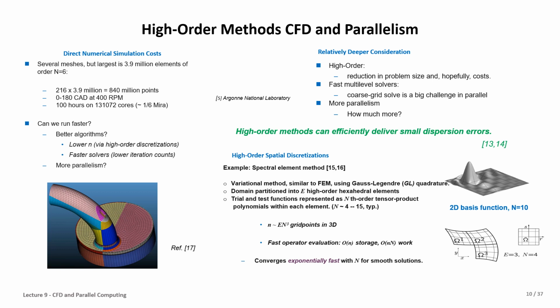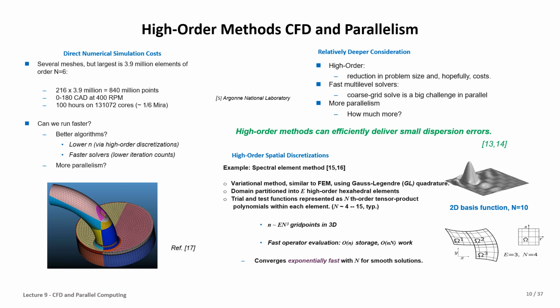Regarding the high order method, there is a statement that it efficiently delivers small dispersion errors. One example of such a method is the spectral element method, which is a variational method similar to the finite element method, and the domain is partitioned into E high order hexahedral elements.